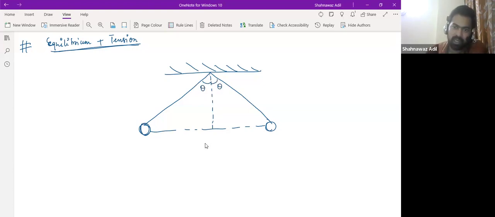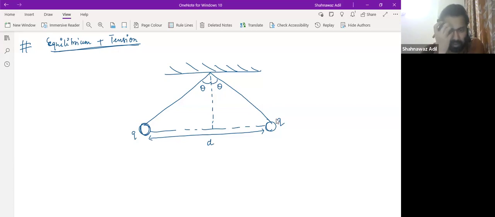This is the string, and these charges have equal magnitudes. The question is that you have to find out what this separation is so that these charges are at equilibrium. Is it clear? Yes, sir.